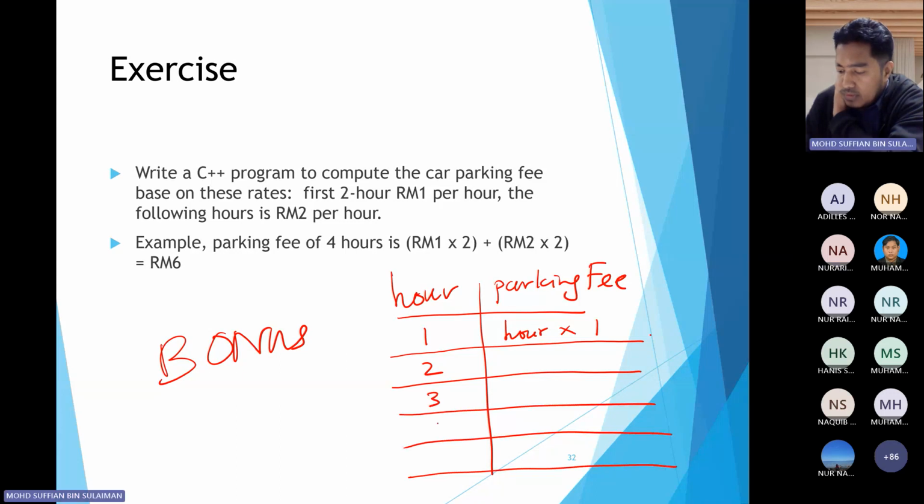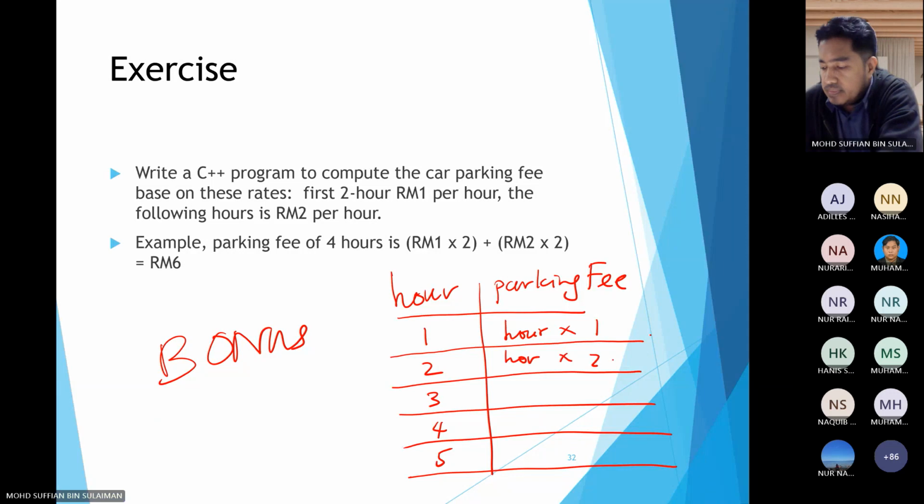Okay, 2, 3, 4, 5. First 2 hour, so hour times 1. Darab 1 juga, sebab dia kata first 2 hour. 2 times 1 kan?